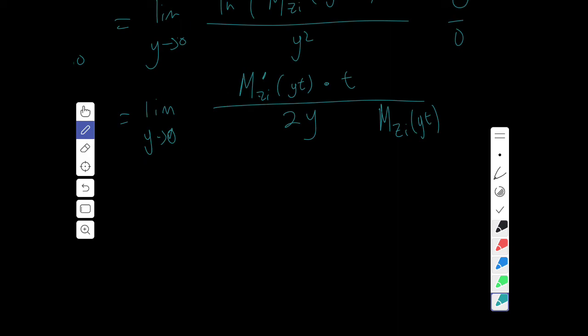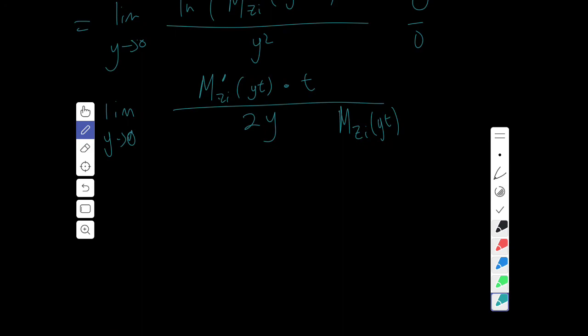Now we have to think about what happens to our moment generating function's derivatives when we go to 0, and this is why those moment generating function tips and tricks were important. We saw earlier that the moment generating function evaluated at 0 is just 1. The first derivative of the moment generating function evaluated at 0 is just the expected value of Zi, and the expected value of Zi is 0.